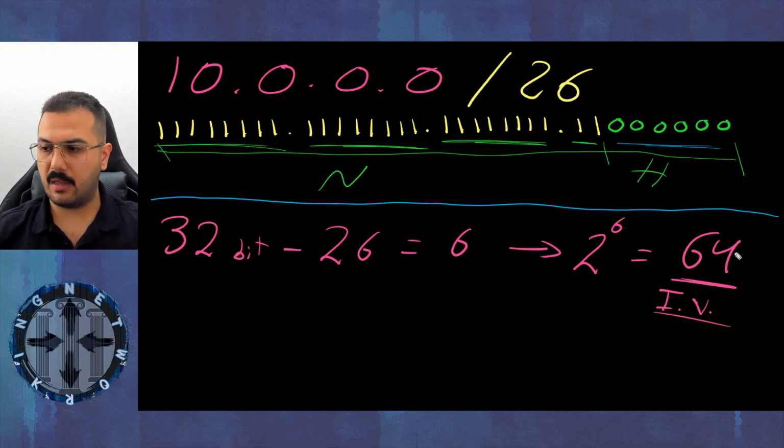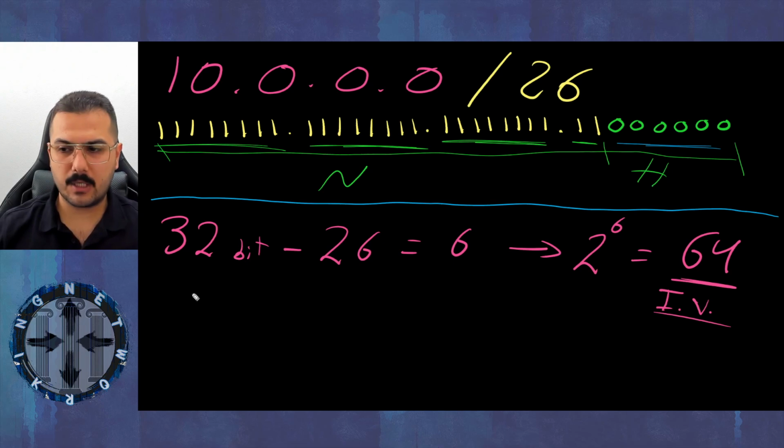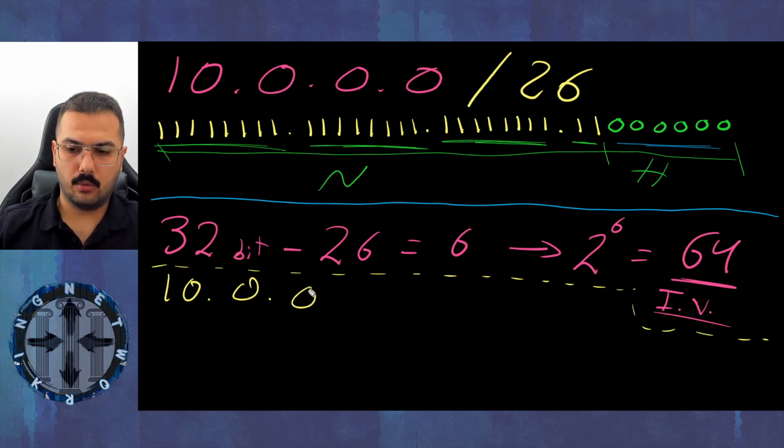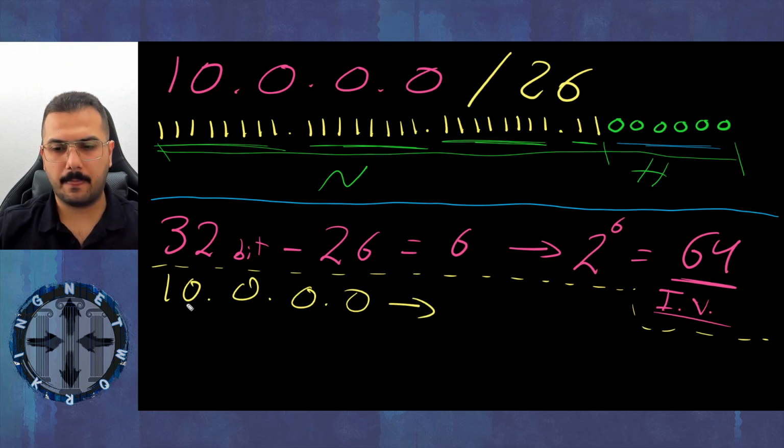So if I understood that there are 64 addresses, let me go back to the original rule. 10.0.0.0 was the network ID.